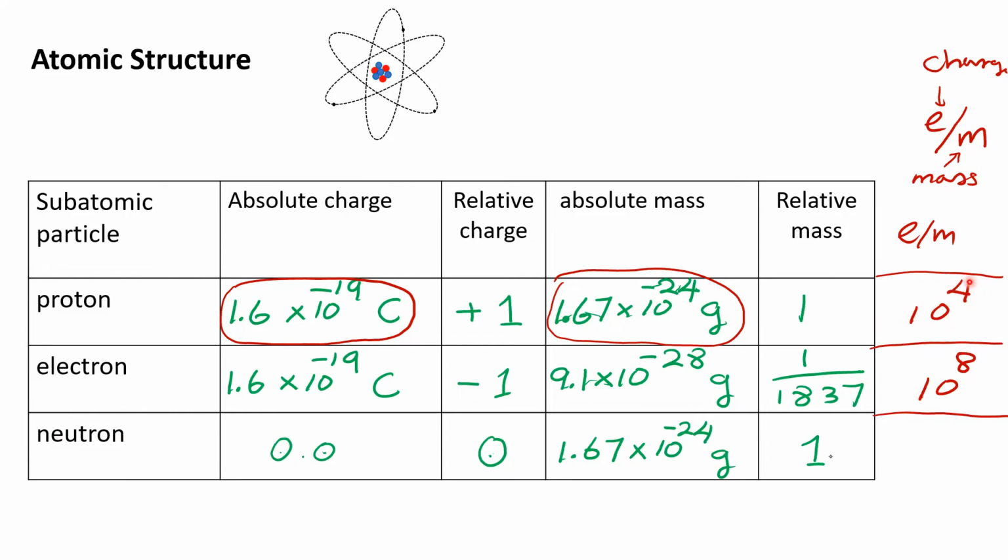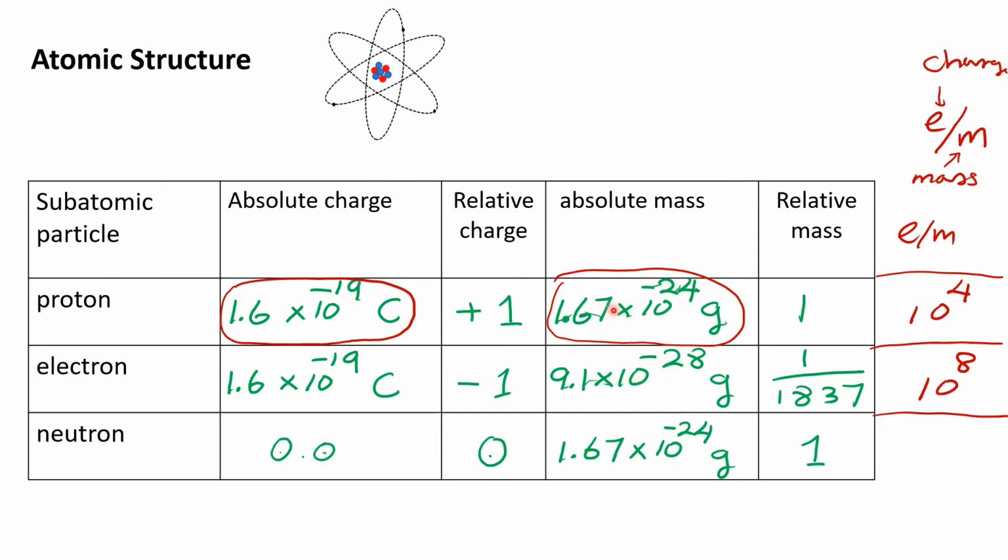Why do you think? Can you see that the mass of the proton is heavier? Now you're looking at negative exponents. Negative 24 means it's larger than this 10 to the power negative 28.